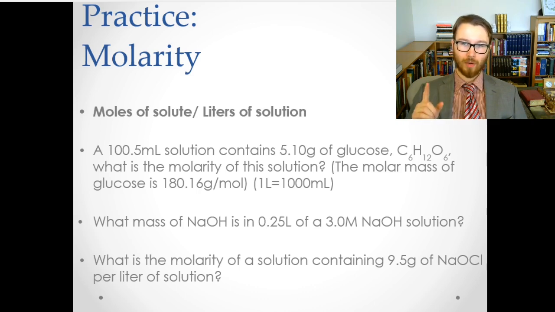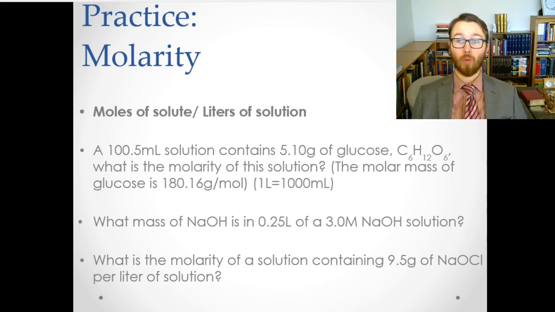We've got problem number 1, 100.5 milliliter solution with 5.10 grams of glucose. Wants to know the molarity. Well, I'm giving you a little help here. I already calculated the molar mass of glucose for you. You don't have to look it up on the periodic table. It's 180.16 grams per mole. And you'll notice, instead of giving liters, it's giving us milliliters.